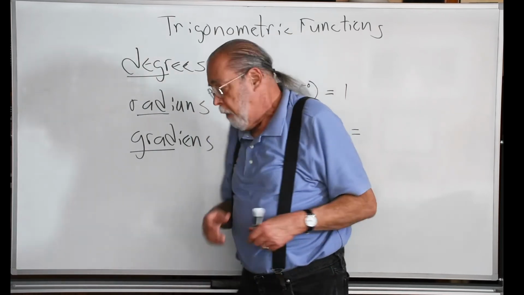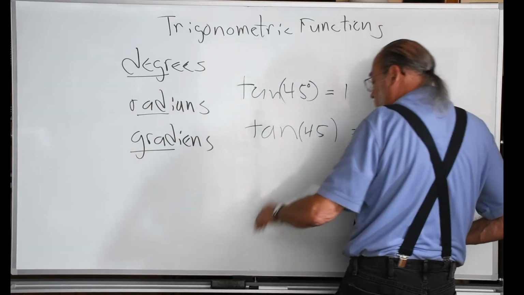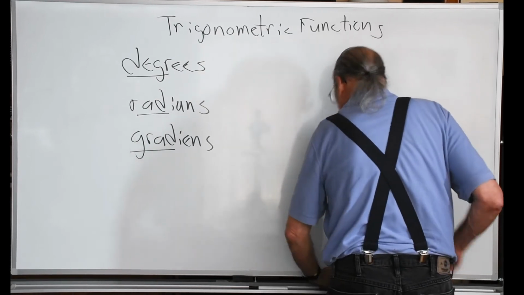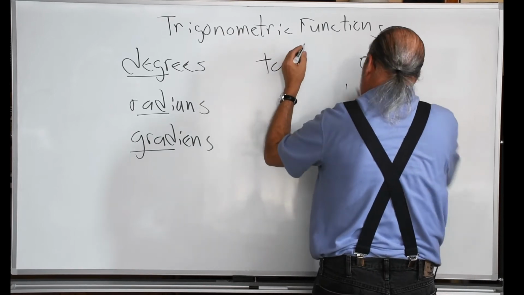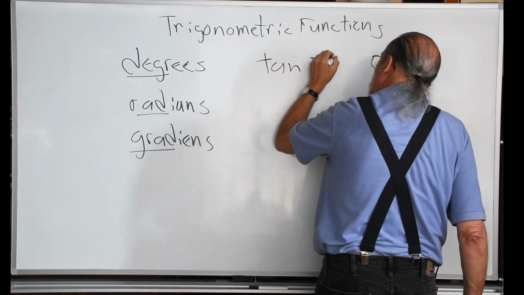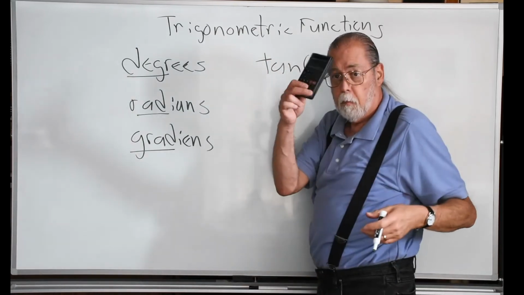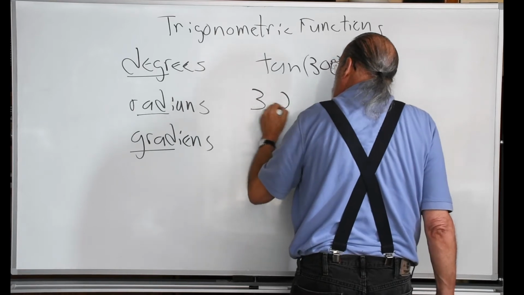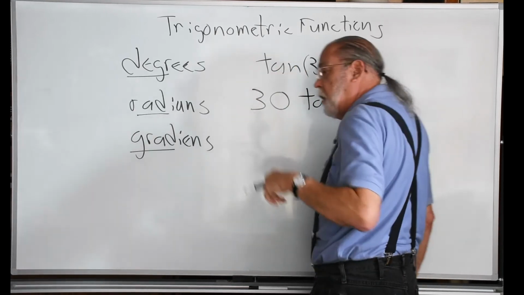So for any of the trig functions, once you're sure it's in the correct mode, depending on the calculator, if you were actually going to take, say, the tangent of 30 degrees, on my calculator, the El Cheapo, you simply type 30, TAN, and it goes.